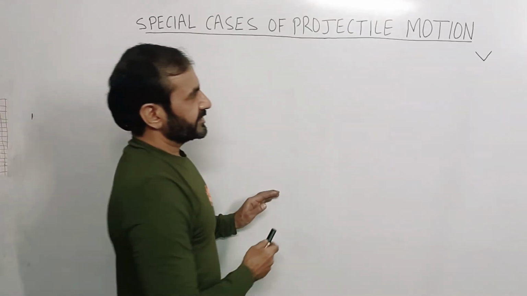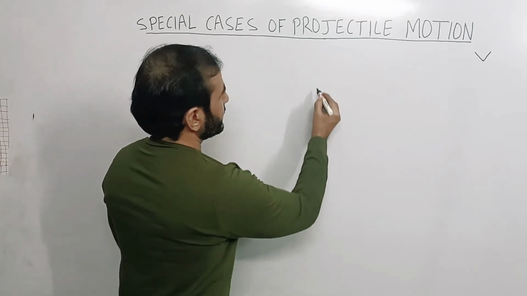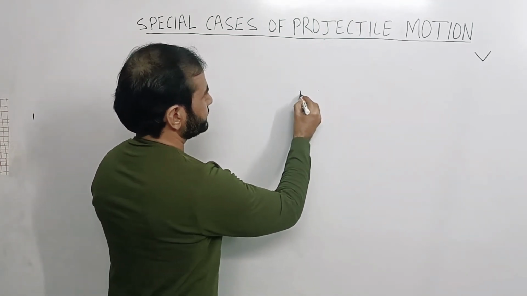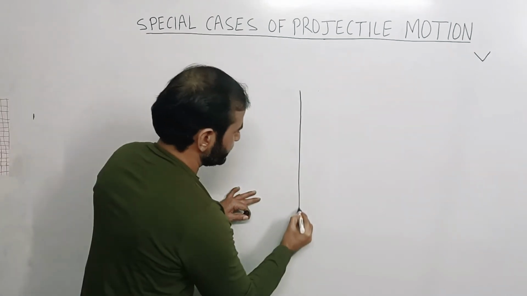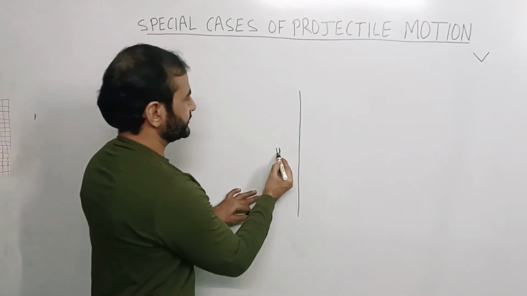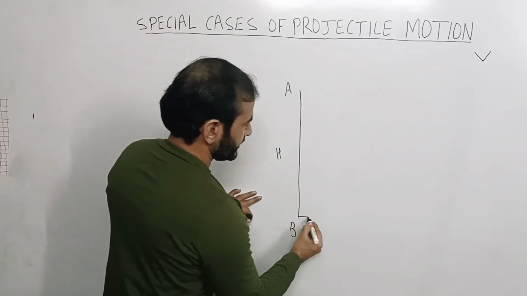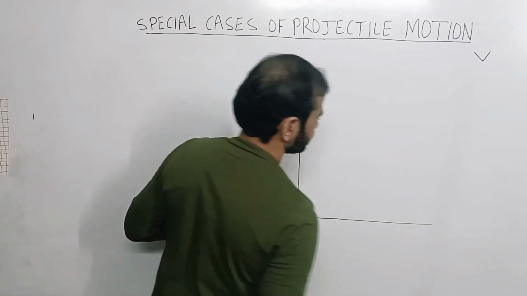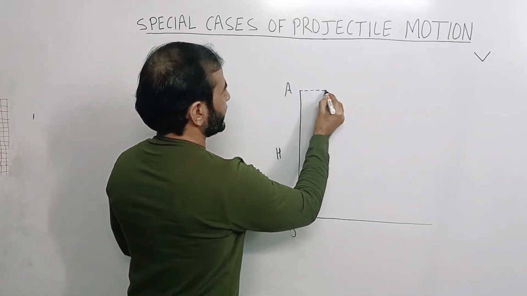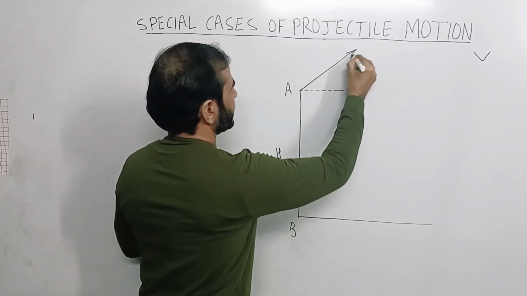We are taking here that we are given the height. This is the height from which the body is thrown. I am taking it as capital H. Point A, this is B, this is ground. The body is thrown at an angle theta up with horizontal, this way.